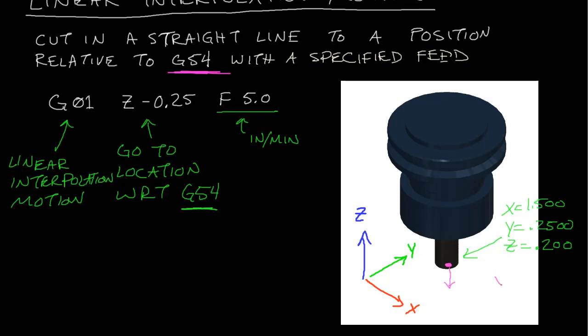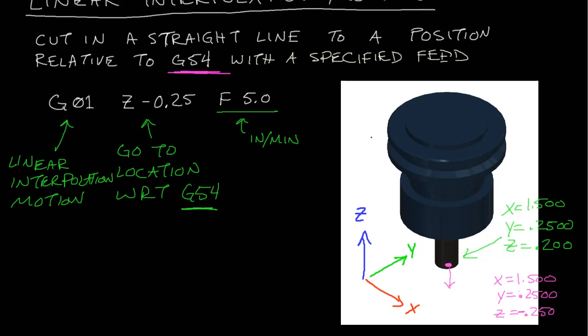So it would go to X equals 1.500, Y equals 0.2500, and then it would go to a location of Z equals negative 0.250 inches.